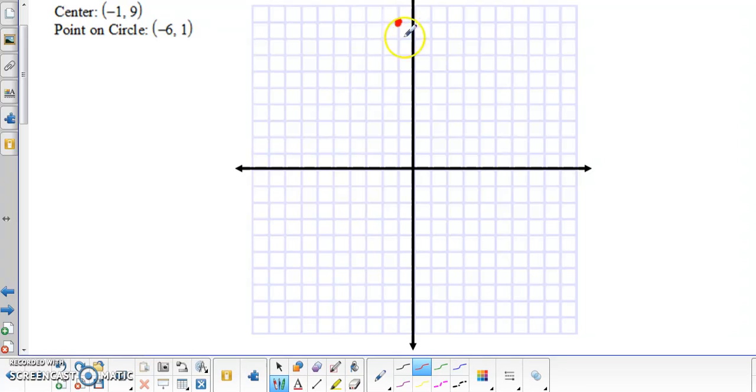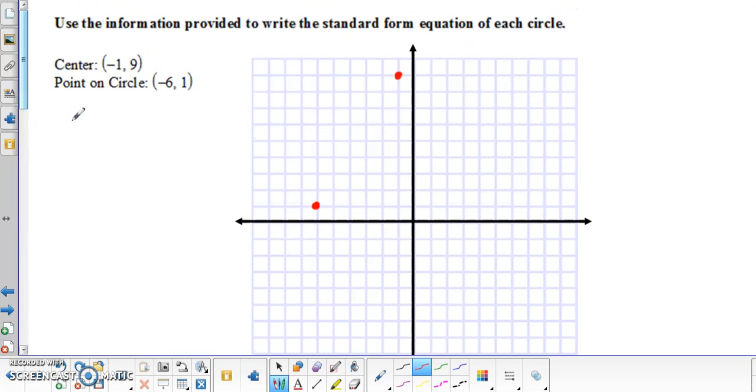And if the point on my circle is at -6, 1, I'm going to go 1, 2, 3, 4, 5, 6, and down to 1. So there's the point on the circle. So basically all this is saying is that from here to here, that's my radius. So I have to be able to figure out what that is.